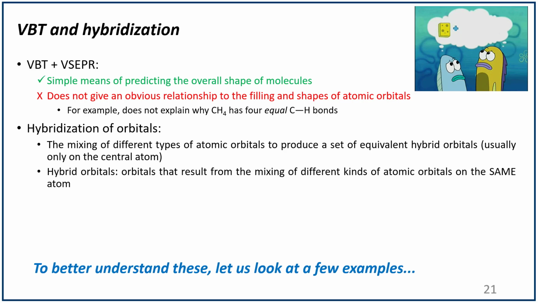Let's say, for example, as we will see later, CH4 or methane, which has 4 equal CH bonds. If we only use the valence bond theory and the VSEPR theory, then we cannot explain why those 4 bonds are equal. And for this, we need another theory, the hybridization theory.